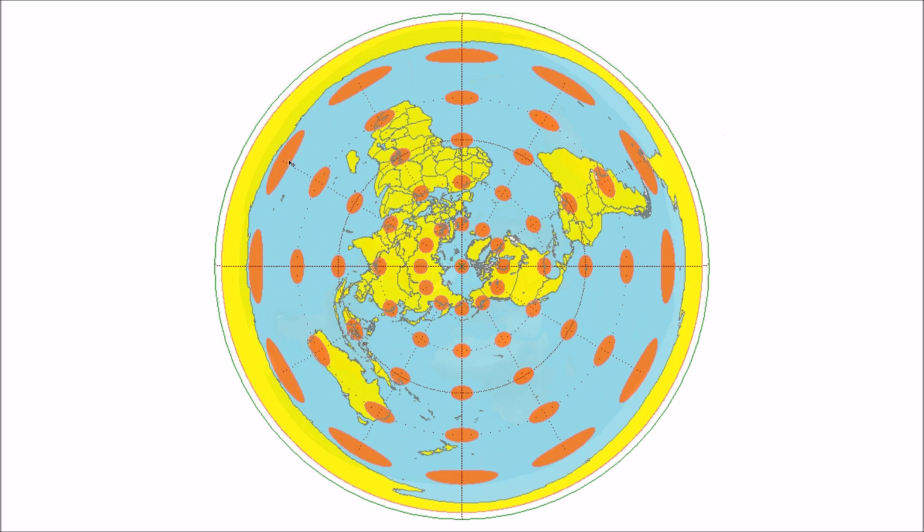Each of these orange blobs is supposed to be a circle, and if we look at the center of the map, we see a perfect orange circle. The extent to which that circle turns into an ellipse shows us the amount of distortion on the map. So as we move towards the edge of the map, we see that these circles become stretched out in one axis into becoming these long, skinny ellipses.